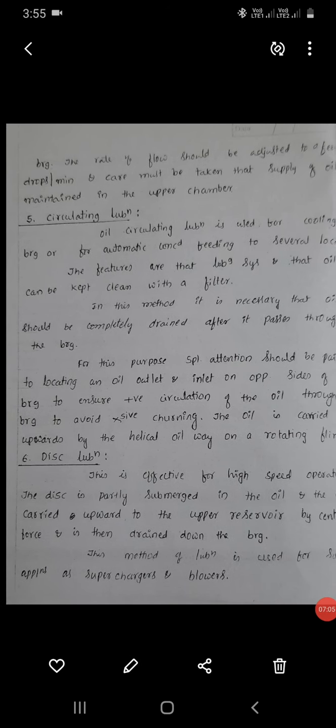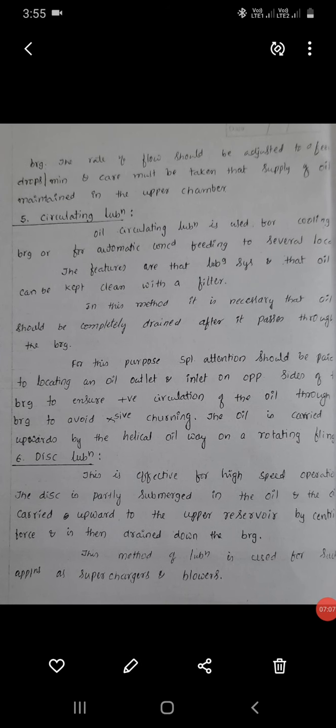Circulating lubrication. Oil circulating lubrication is used for cooling bearings or for automatic concealed feeding to several bearings. The feature of this lubrication is that the oil can be kept clean with a filter.